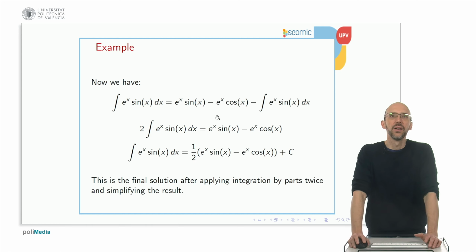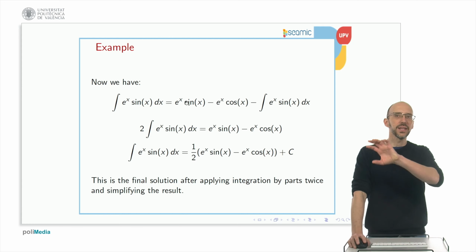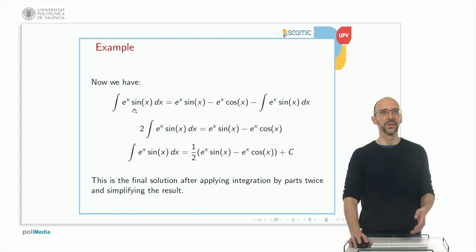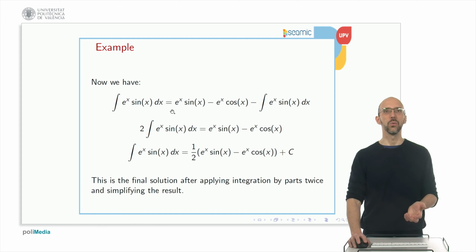Okay, let's go back to the point when we solved the first stage. The integral of e to the x sine of x was e to the x sine of x minus the integral we already solved in step 2. So I just replace the second integral in here, okay? So what do we have? This integral and this integral are the same.